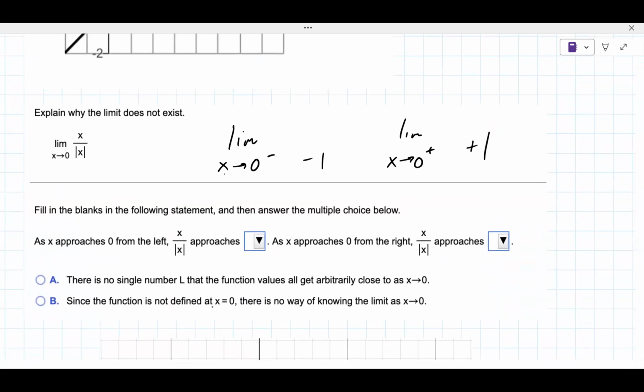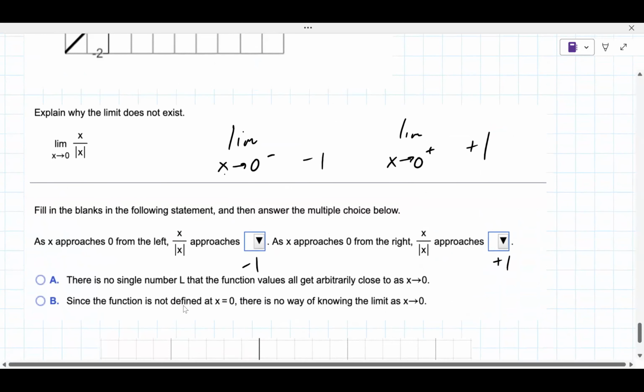So that's what it says here: left is -1, right is +1. There's no single number L, so I guess the answer is A. If you wrote this in words, you would say the limit from the left does not equal the limit from the right, therefore the limit does not exist.